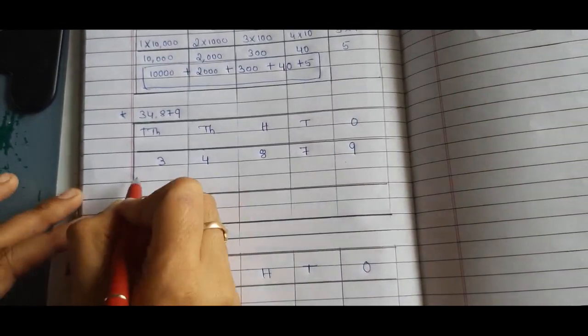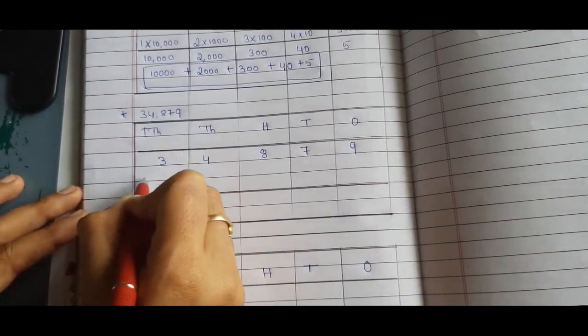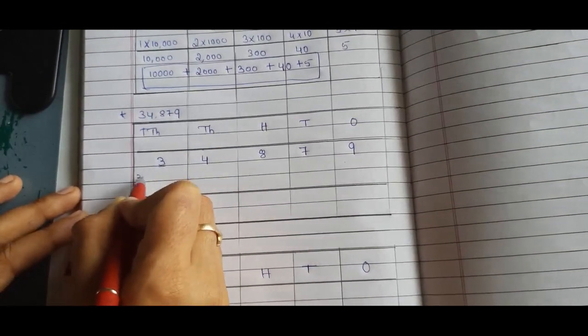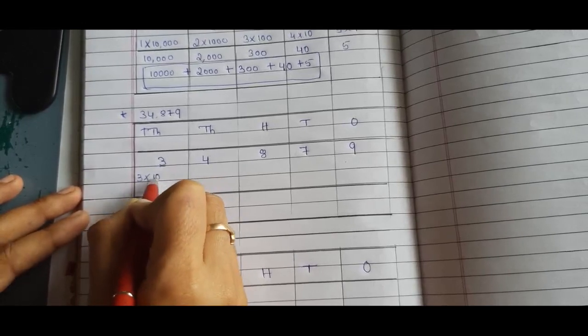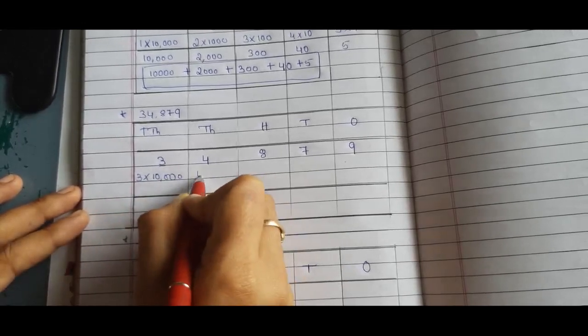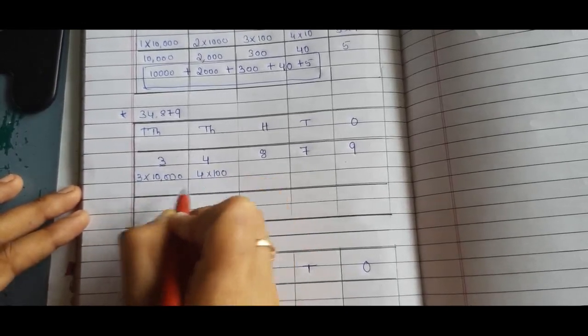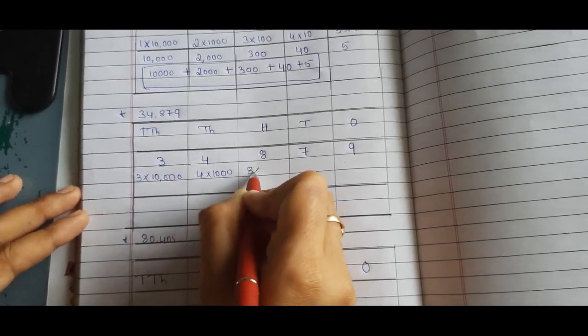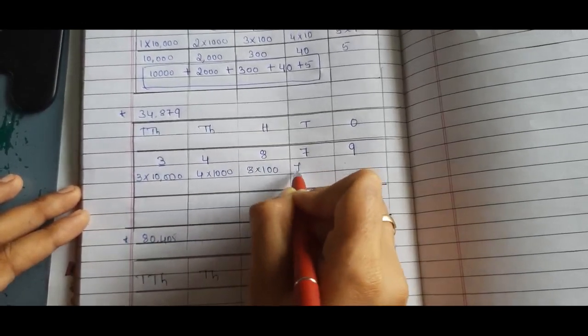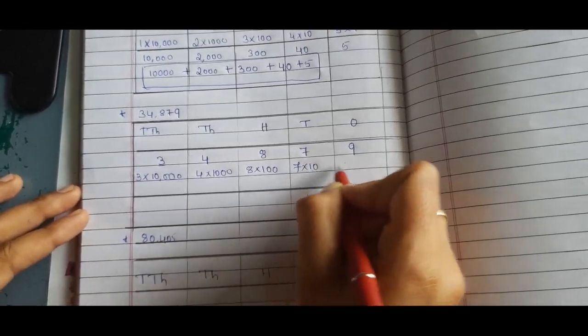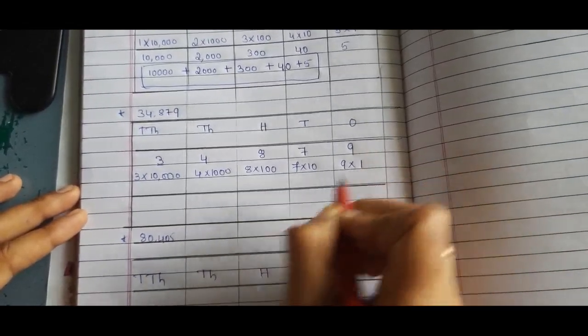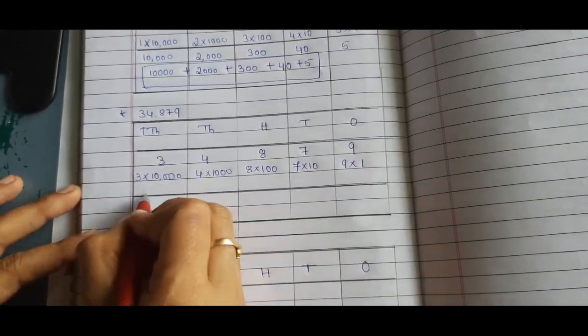Okay, and express according to place value. 3 into 10,000. 4 into 1000. 8 into 100. 7 into 10. 9 into 1. And multiply these numbers.